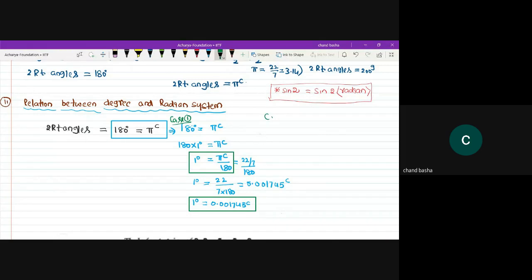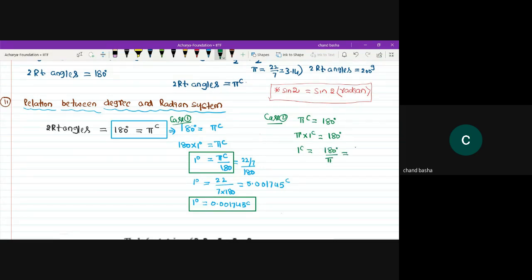Case number 2, the second case. Pi is equal to what I have given you, 180 degrees. Pi into 1 radian is equal to 180 degrees. 1 radian is equal to 180 divided by pi.